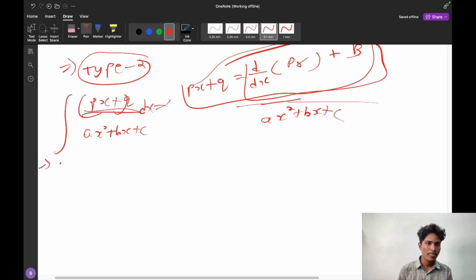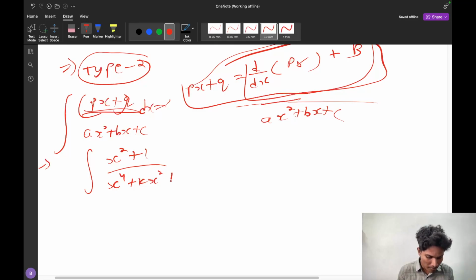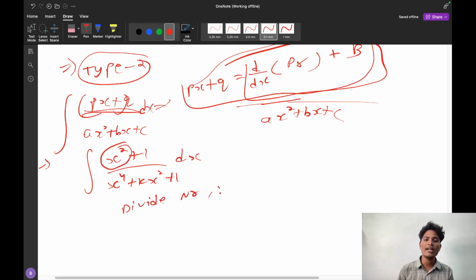What I am saying here is, if it is the format x square plus 1 divided by x power 4 plus kx square plus 1, dx, what we have to do? We have to divide numerator and denominator with x square.